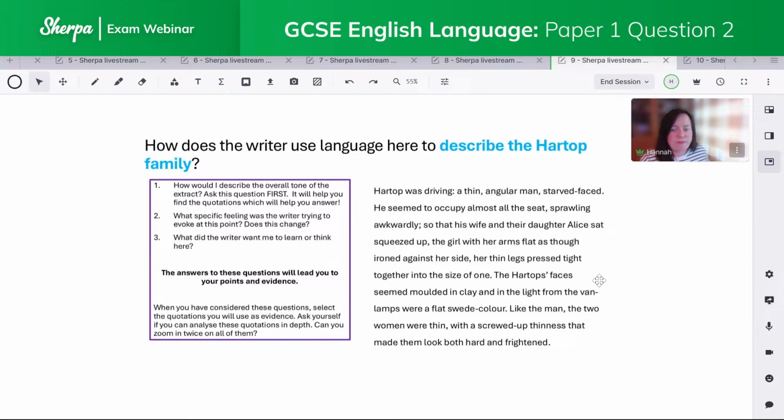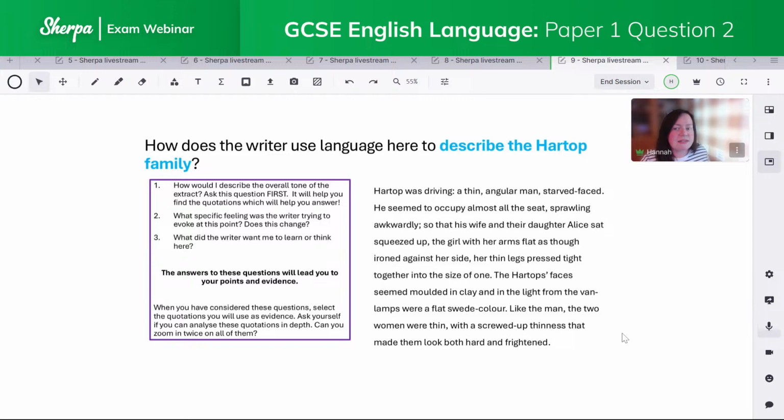What does the writer want me to think or learn at this point? Well, I'm learning all about how the family connect or don't. I'm learning that the family are, I suppose, not a proper unit.